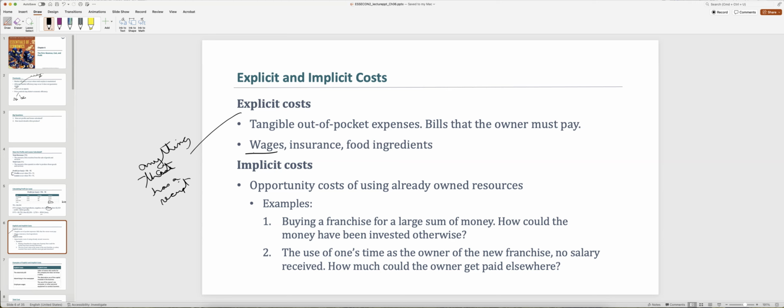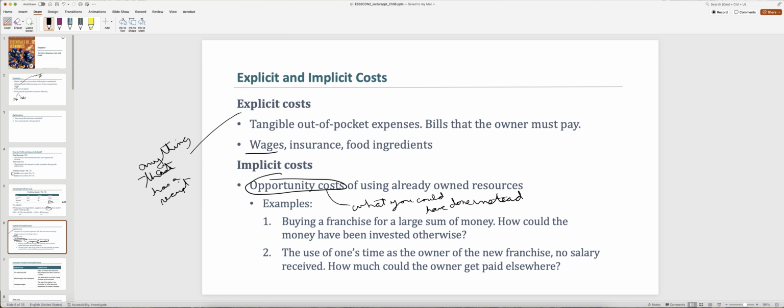Now, these are not the only costs that economists think about, because economists also have what are called implicit costs, which are sometimes things that people forget about. Implicit costs are the opportunity costs. Essentially, it's looking at what you could have done instead.